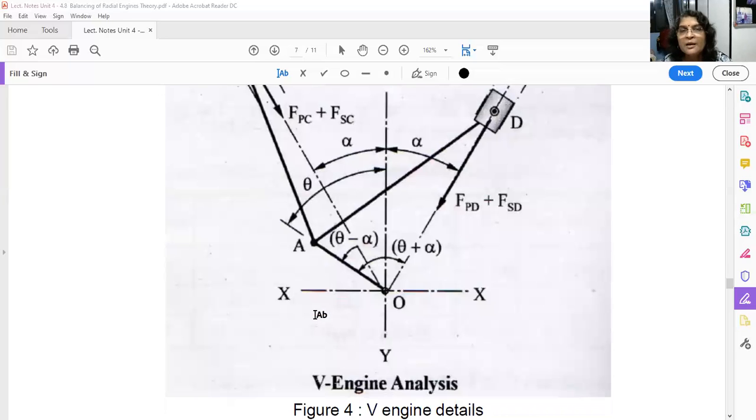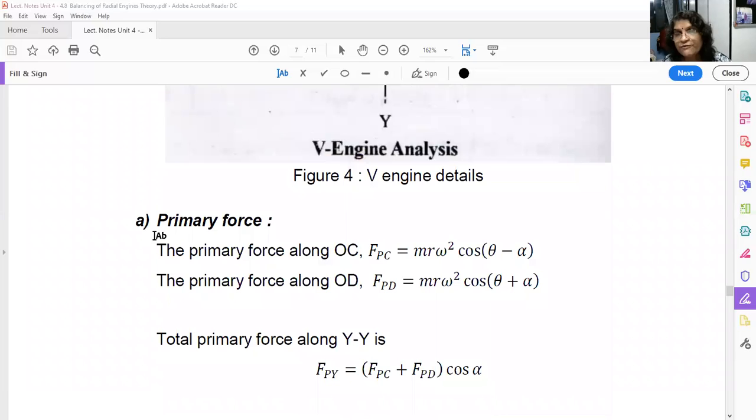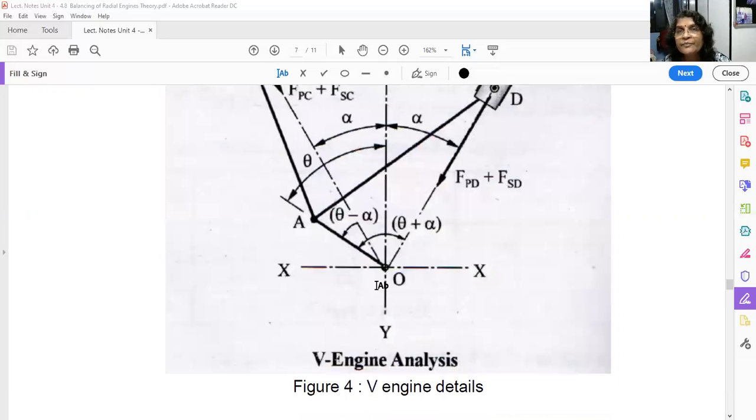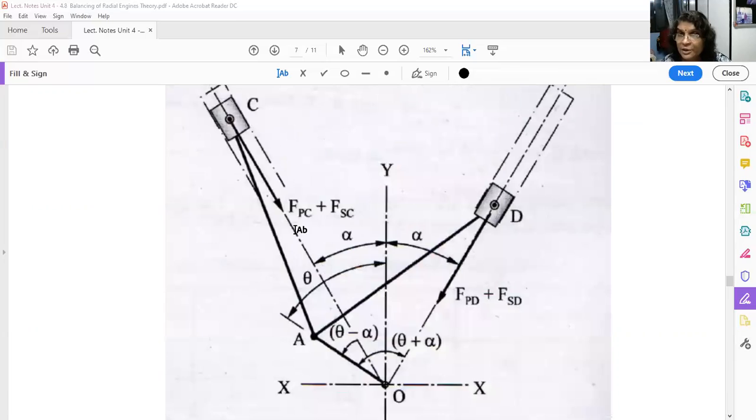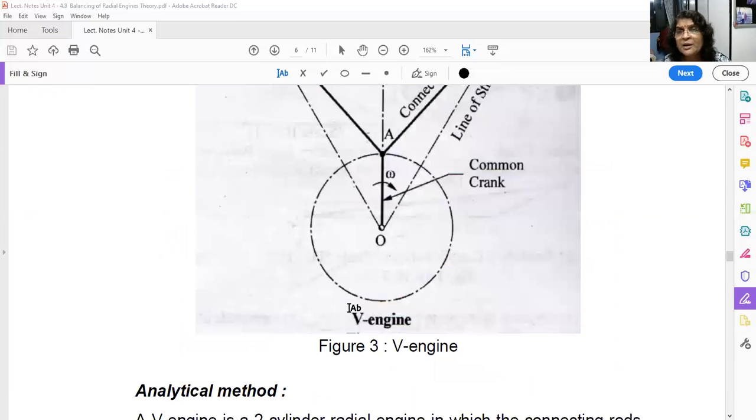Okay. Now let us analyze the forces. First we will study the primary force. What is the primary force along OC? Consider this diagram, direct crank.